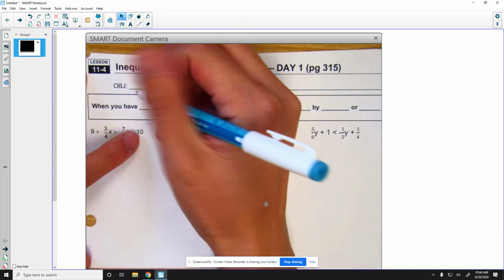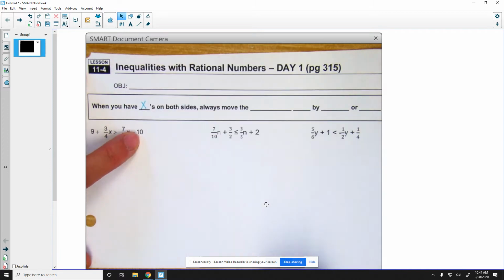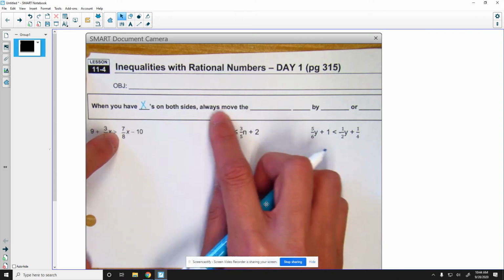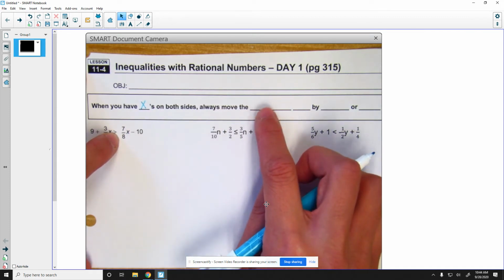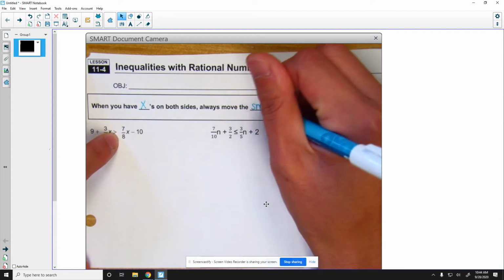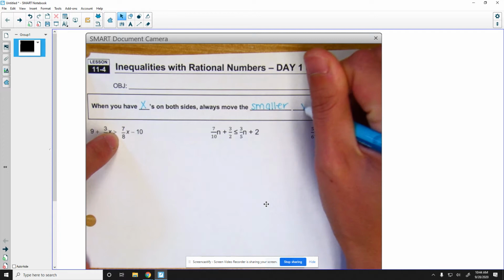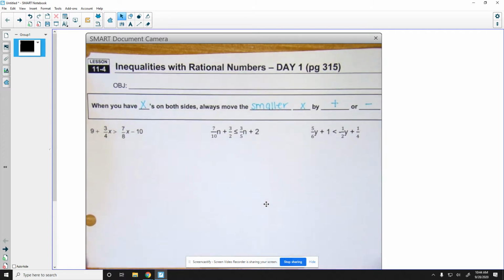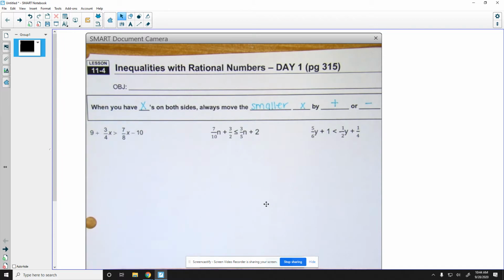But right here it says when you have x's on both sides, so please, all of you, write this down right now. When you have x's on both sides, always move the, which one, bigger or smaller? Smaller, good job. Always move your smaller x by adding or subtracting. So that's when I say, don't say divide. Always move your smaller x by adding or subtracting.